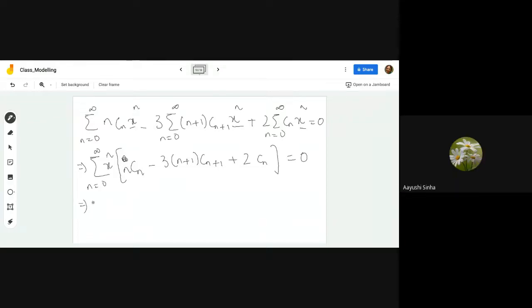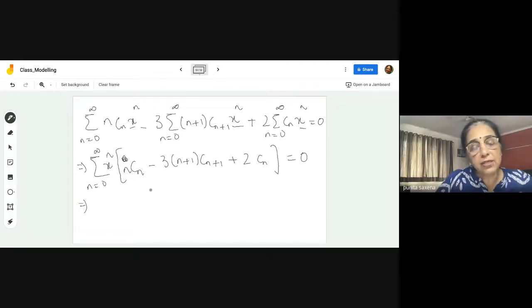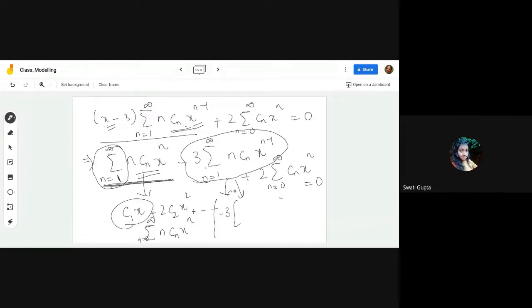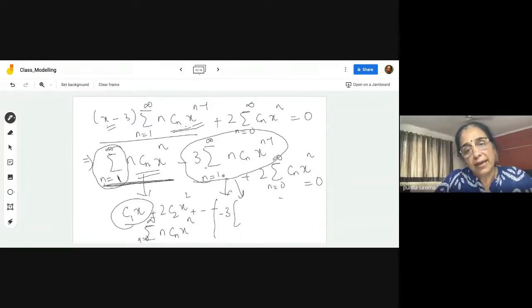Ma'am, please explain the second term. Like if we take 1, what's the difference? And if we take 0, what's the difference? Just write the series yourself. You write the series on your paper. What series should you be getting? Minus 3 into, I'm writing it now here, okay? n is starting from 1, right? So what you should be getting is C1 as the first term.